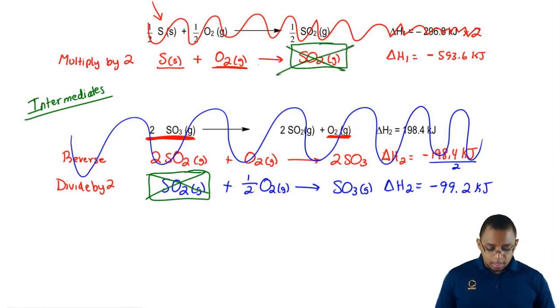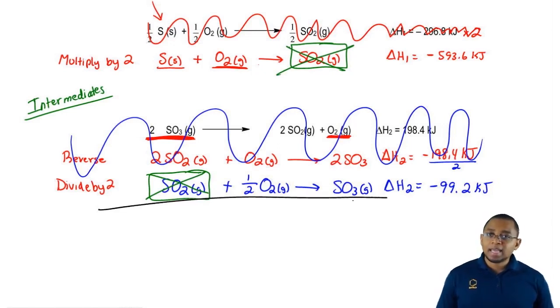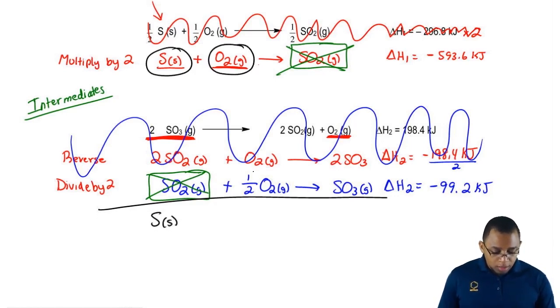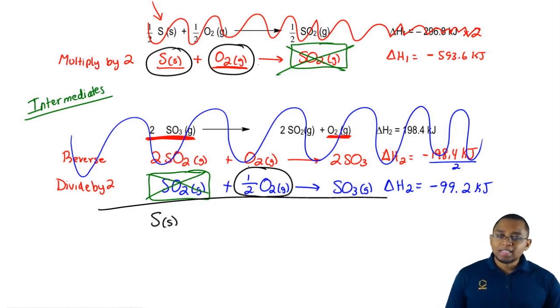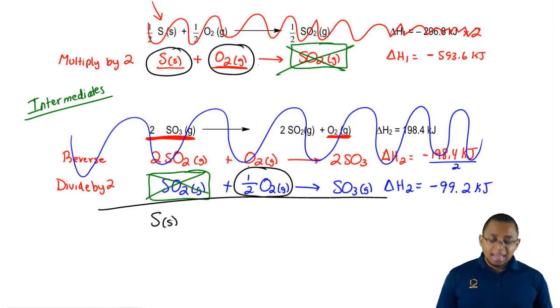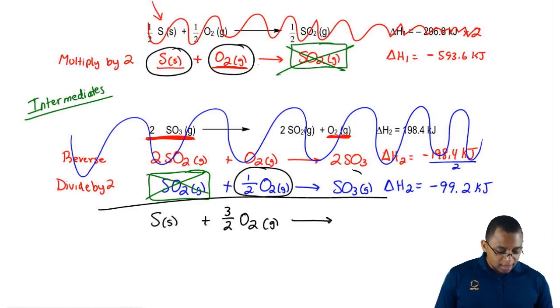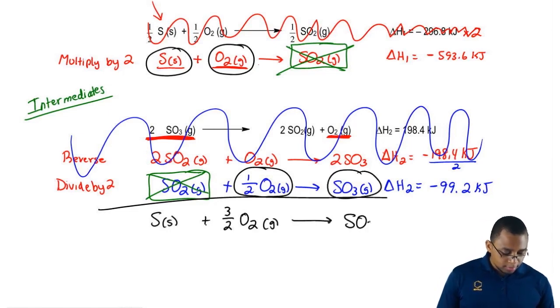So now they're totally gone. Now all we're going to do is bring down everything that didn't get canceled out. So the sulfur solid didn't get canceled out, so it comes down. This 1 mole of O2 combines with this half O2. They're both reactants, so they don't cancel out, they add up. So 1 plus half gives me 1.5, which is the same thing as 3 over 2. And then this SO3 comes down.